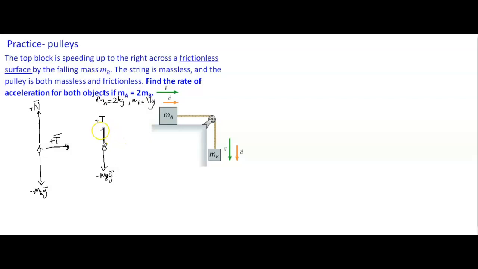Okay, so the tension force has to be less than the weight force because it's accelerating down. The sum of forces has to be greater down than up, which is going to make this rope force even smaller than what I've indicated here. And try to make sure this T is the same size as this T. There we go.